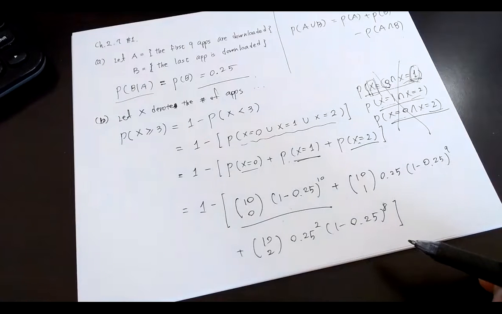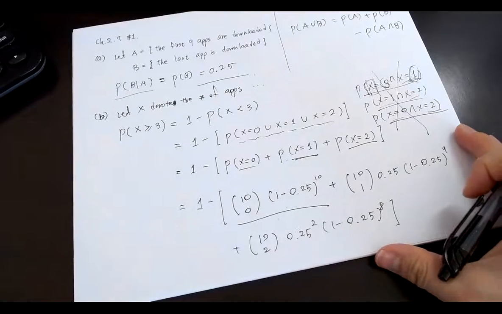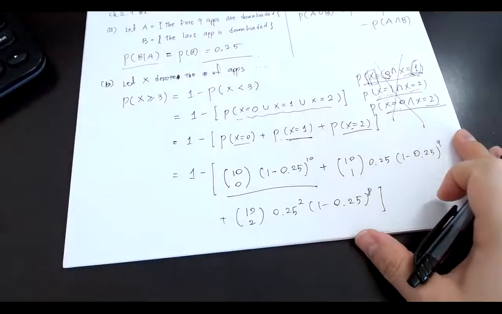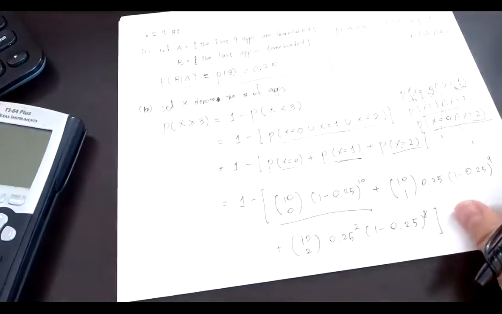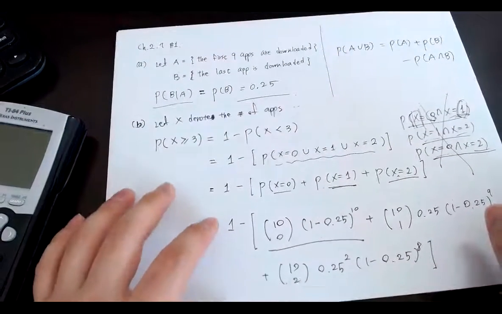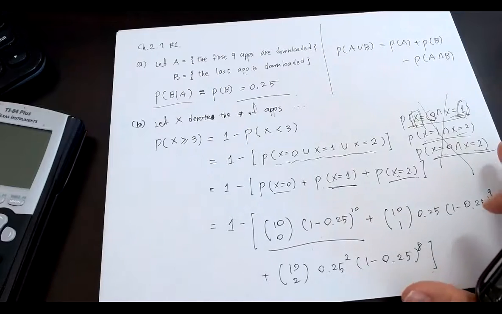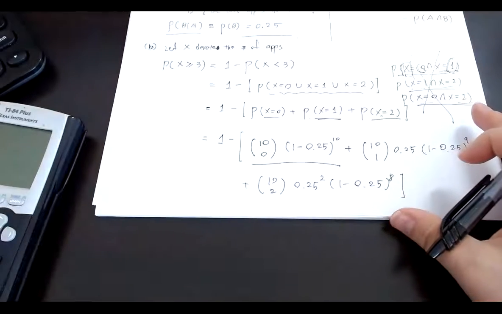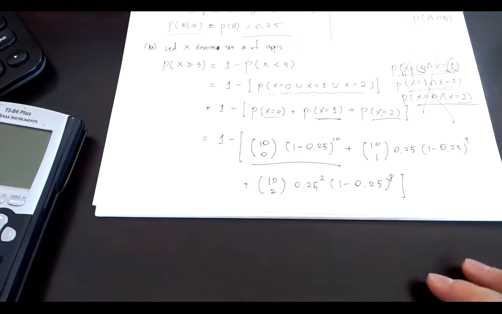All right, so how can you calculate this one? Yes, you can use a calculator. Let me use the distribution function in the calculator. Since we learned about the binomial distribution in chapter 3, even though this problem is in chapter 2, we can use the binomial distribution formula we learned in chapter 3.